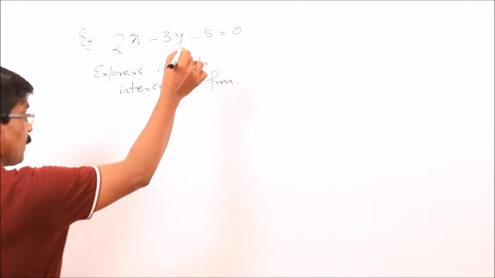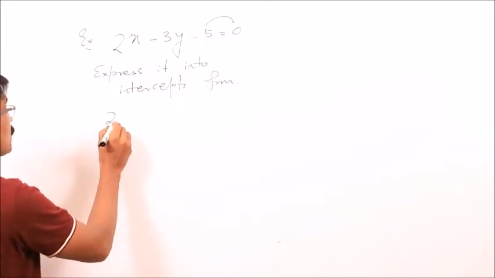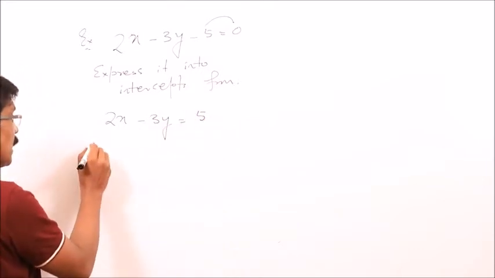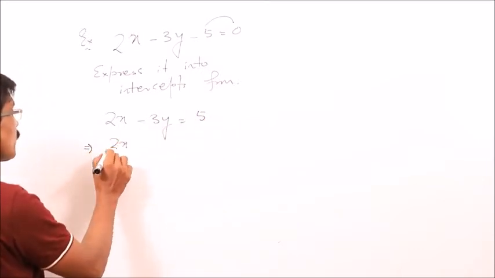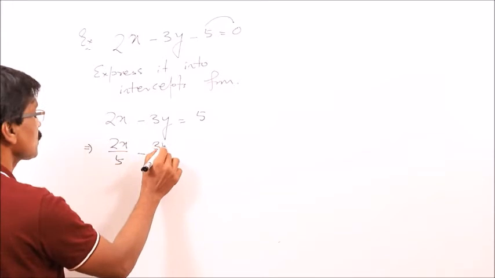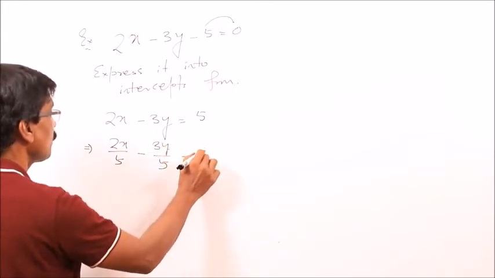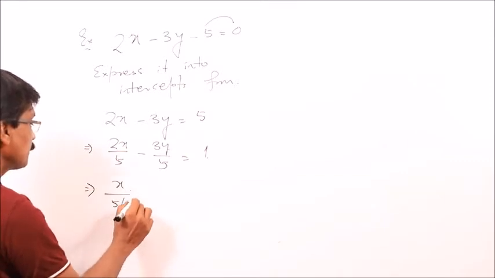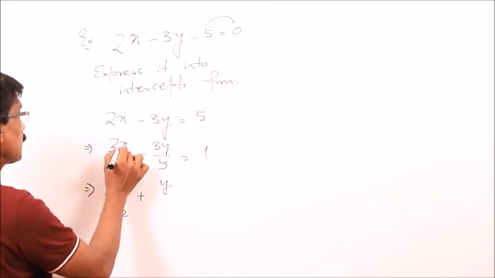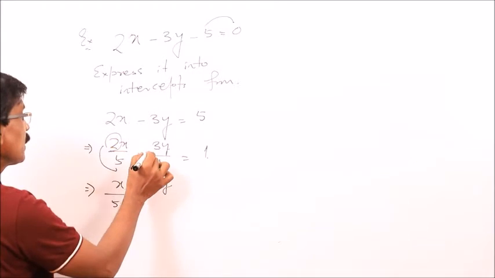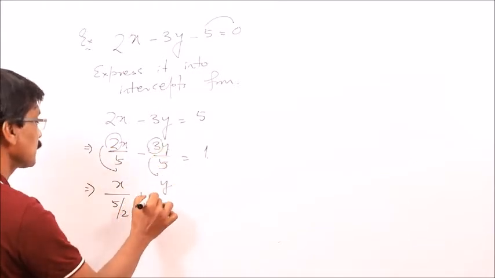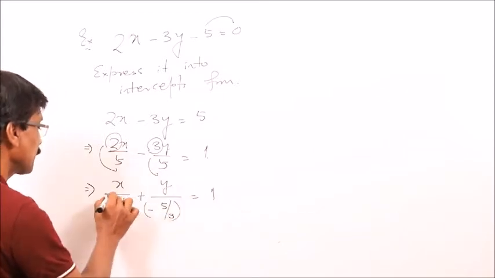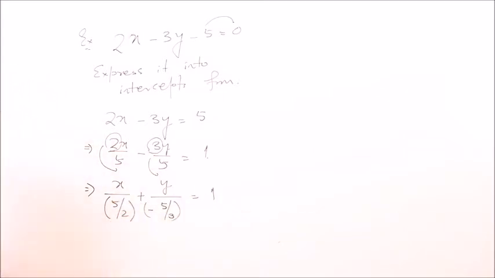So we take 5 to the right hand side, that is 2x minus 3y is equal to 5, and divide by 5, that is 2x by 5 minus 3y by 5 is equal to 1, or x by (5 by 2) plus y by (minus 5 by 3) is equal to 1, taking 2 and 3 to the denominator. So this is its intercept form.